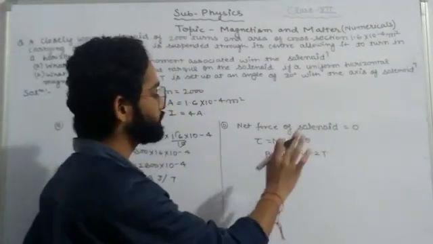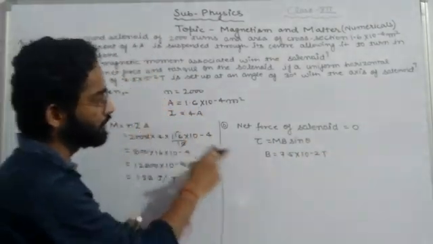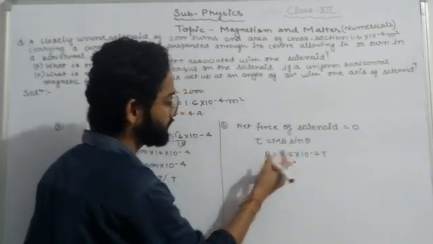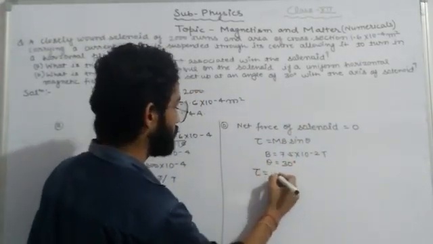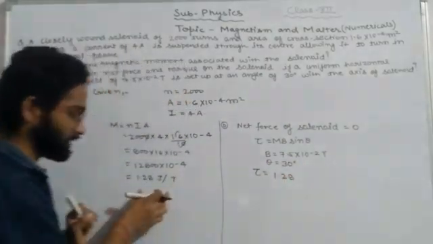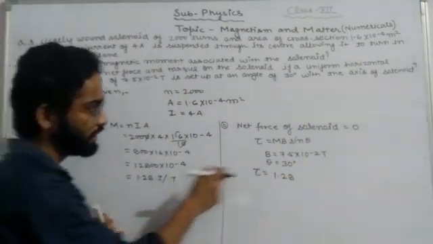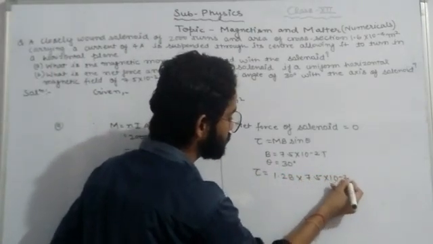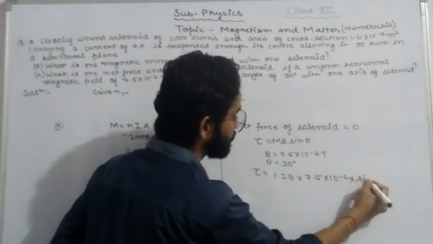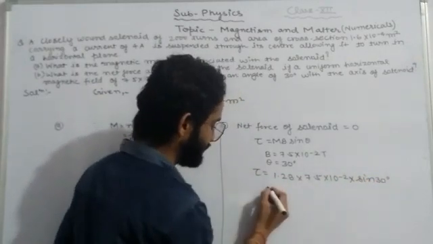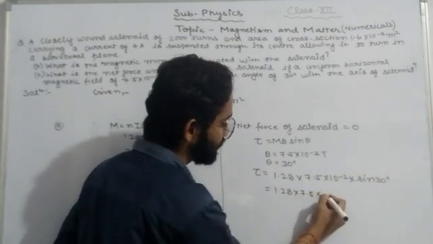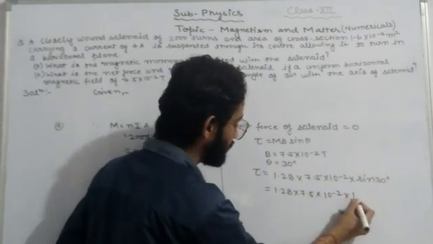So we just solve this value. We have theta as 30 degrees. Putting in the values, tau is equal to 1.28 × 7.5 × 10^-2 × sin 30 degrees. This is 1.28 × 7.5 × 10^-2 × 1/2.